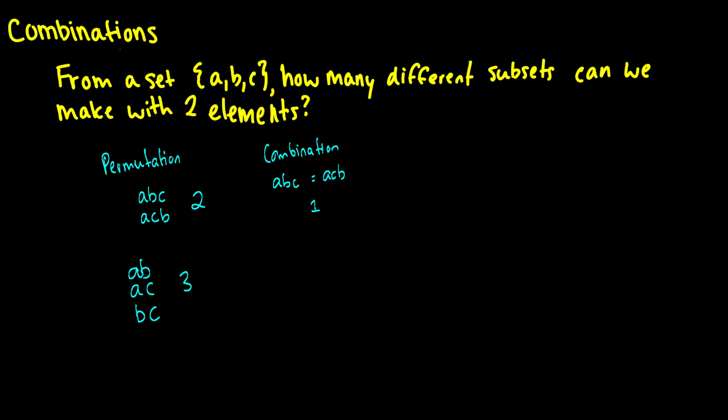Now you're saying, well, what about BA, what about CA, and what about CB? Well, these map to ones we've already done, so we simply don't count these. So what we say is that there are 3 different combinations we can make.